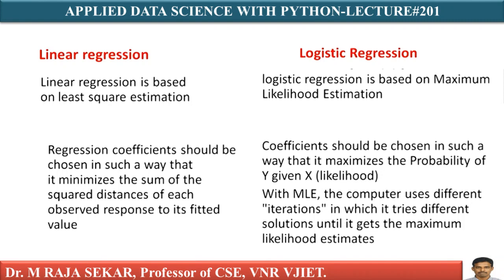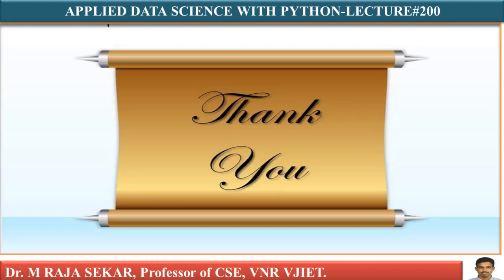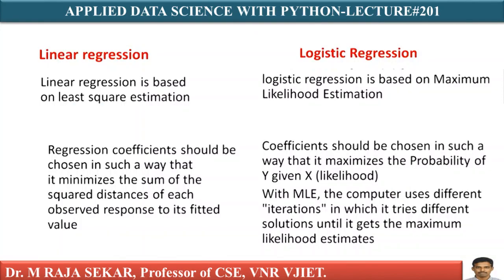The coefficient in logistic regression is explained with the help of the odds ratio. This is another important point, which I have not included here. Let me write it here. Suppose the odds ratio is 3.